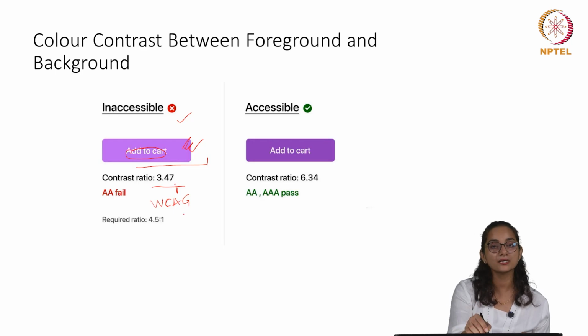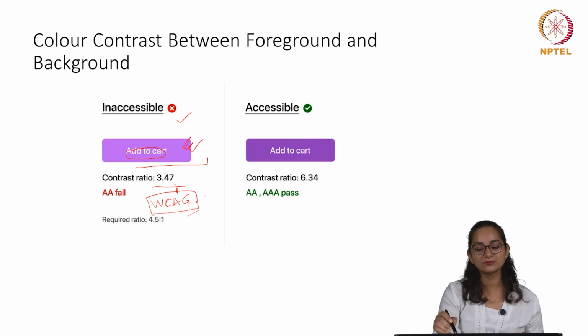It will not pass any evaluation test. We will talk about these guidelines in detail in due course, and we will also talk about evaluation tools, but this is just to give you an idea about what things we most of the time don't understand or don't look at.